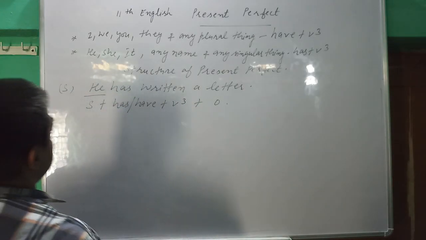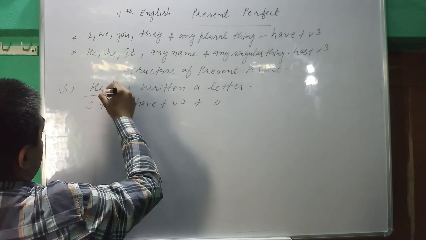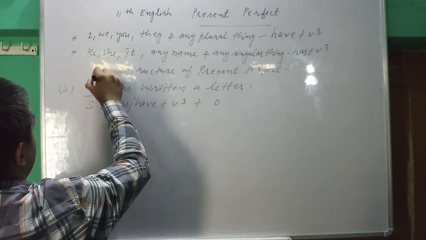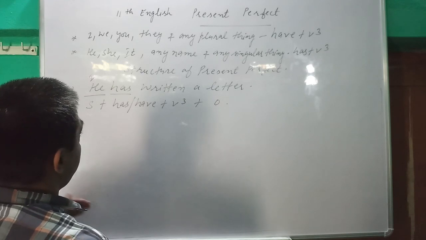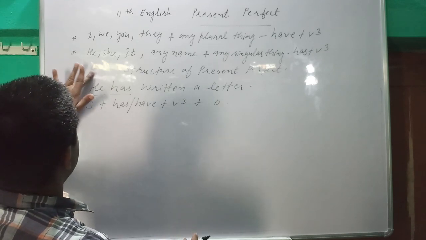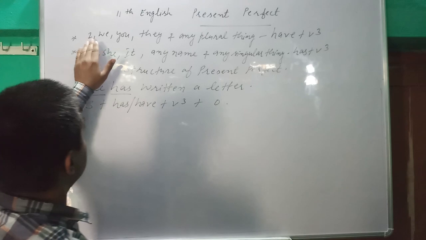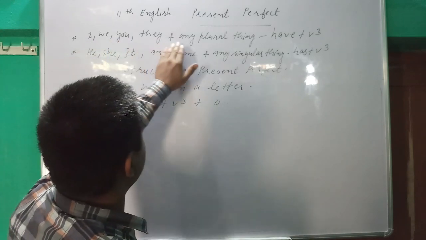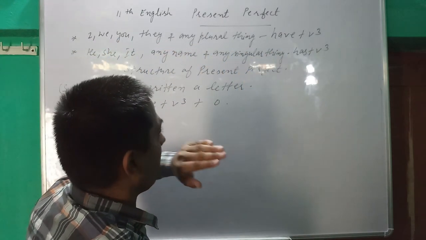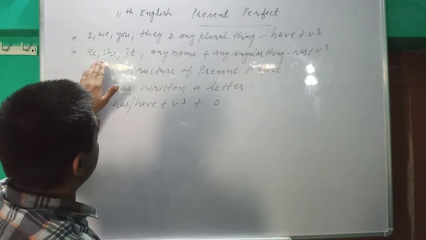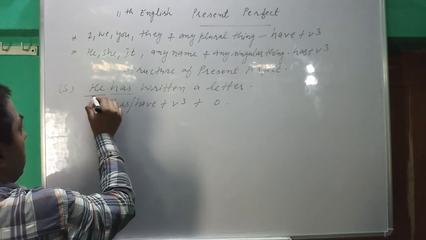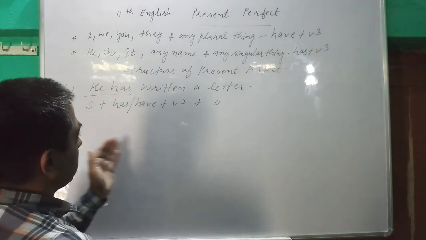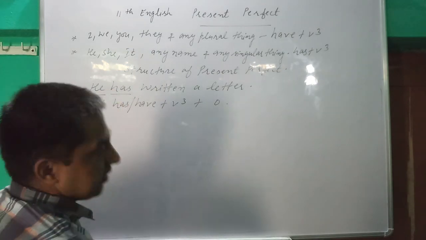If we write I in place of he, then we should write have in place of has. Okay. I have already mentioned that when the subject is I, we, you, they, any plural thing, we should mention have plus third form. Rest of other subjects we should apply has plus third form. Here in this sentence he is the subject, that's why I have written has. Okay.